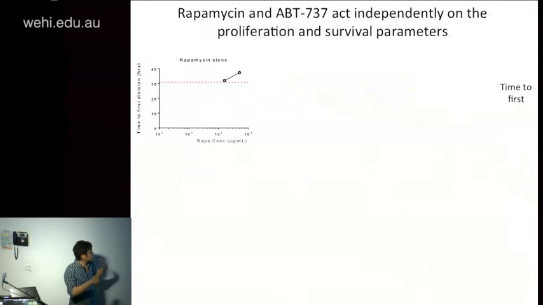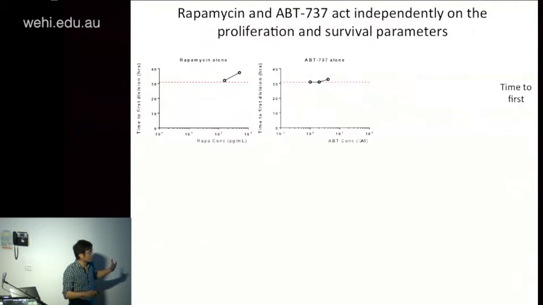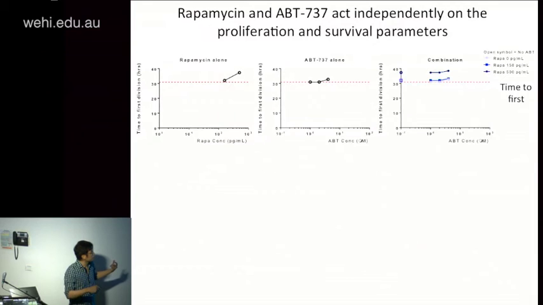Now if you enumerate these effects on the time to first division, you can see that the effects are independent. With increasing rapamycin concentration, ABT-737 does not enhance the effects of rapamycin on the times to first division.